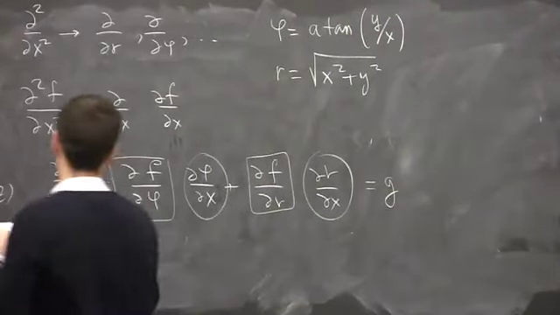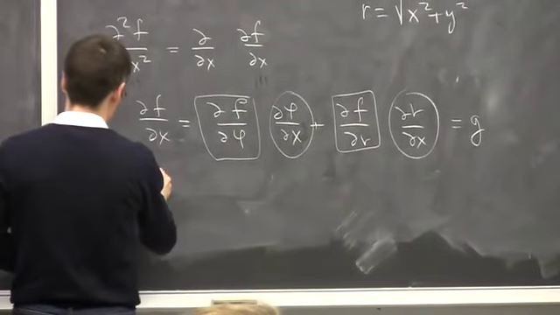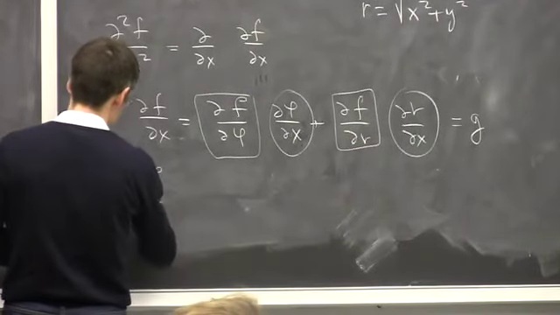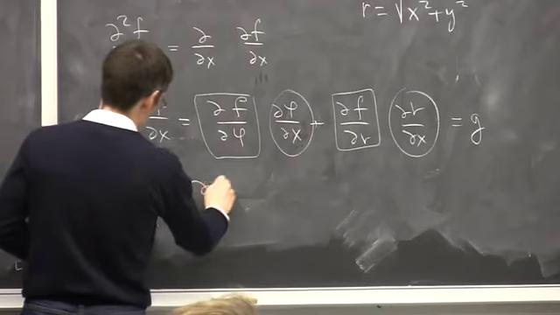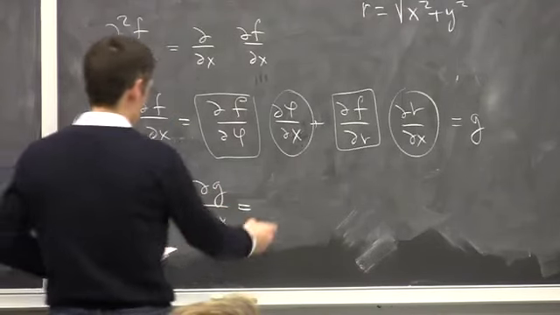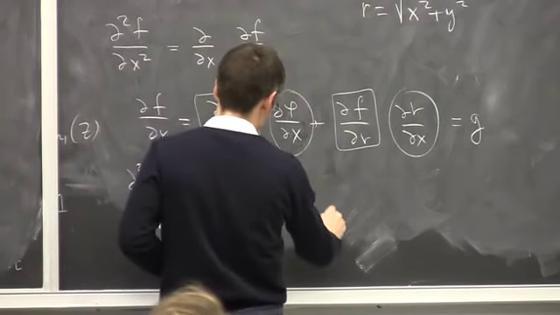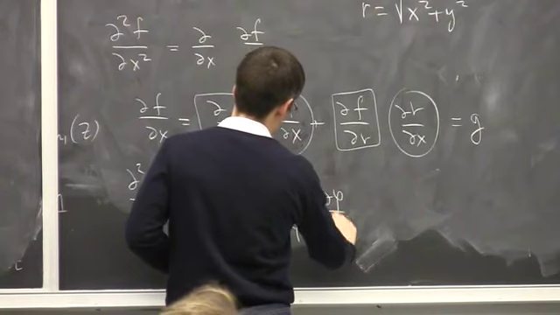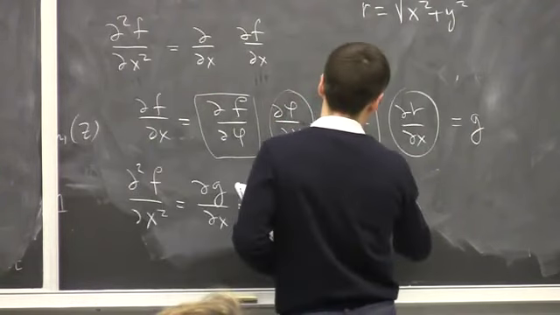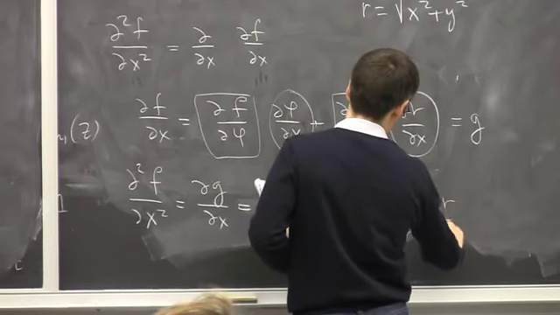Now, let's say in my notes I have this as function g. So essentially this first derivative is a function g. And then, in order to get to the second derivative, this is essentially dg over dx. And again, using the chain rule, dg over d phi times d phi over dx plus dg over dr times dr over dx.